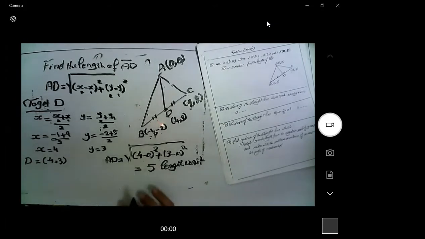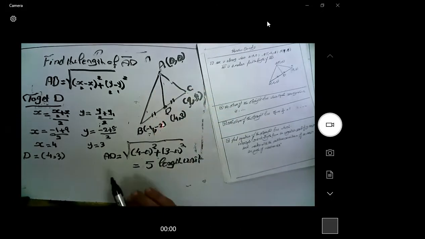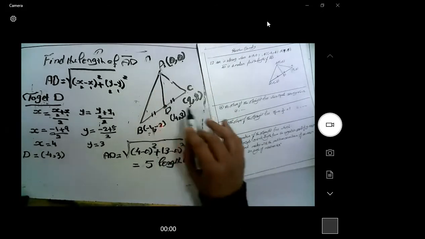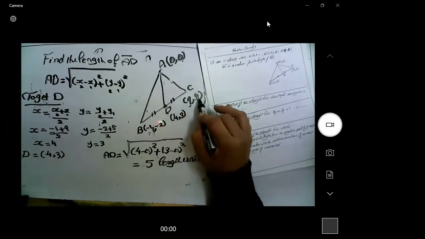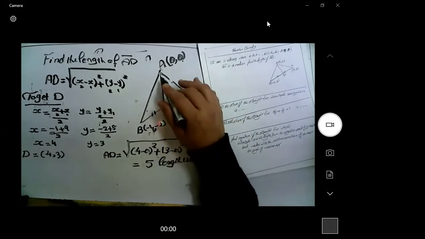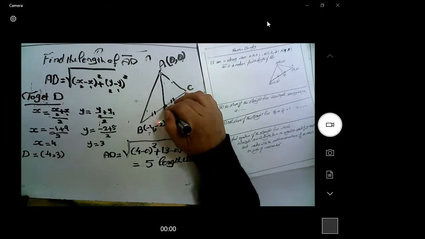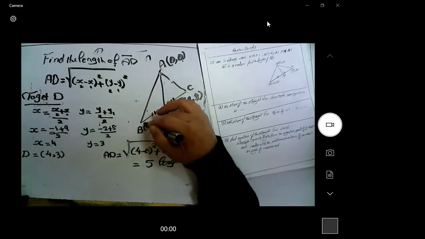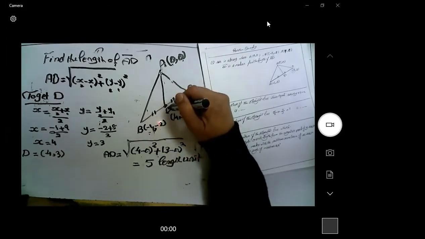So in triangle ABC, the point A is 0, 0, point B is -1, -2, the point C is 9 and 8. AD is a median. You know that the median is drawn from a vertex to the midpoint of the opposite side. Then AD is a median. The question is to get the length of AD.